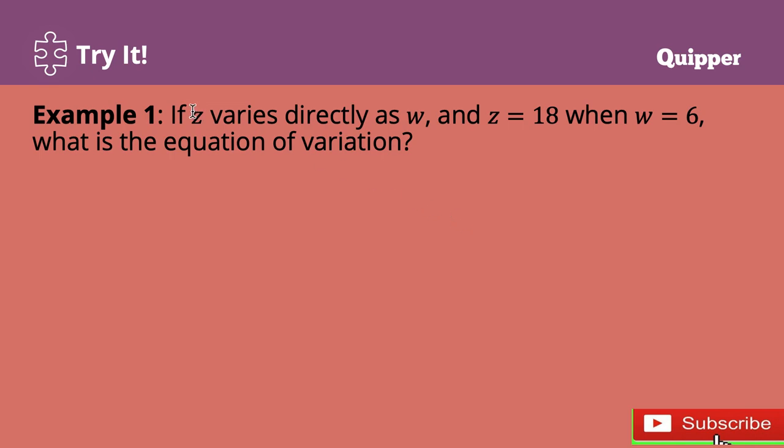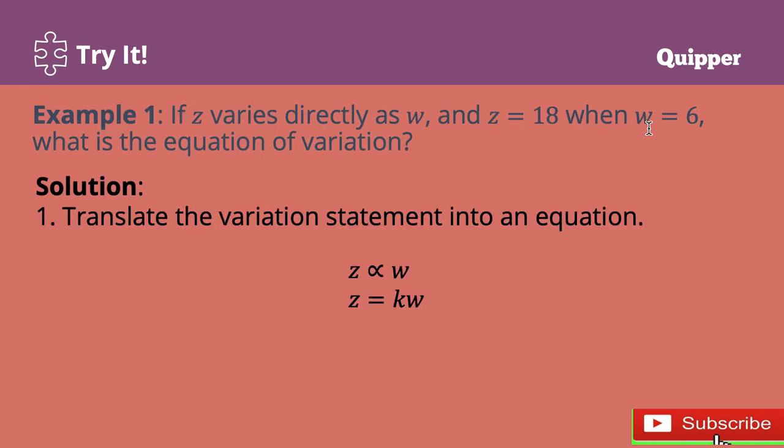Number 1. If z varies directly as w and z is equal to 18 when w is equal to 6, what is the equation of the variation? To solve this, we need to follow these steps. Number one, translate the variation statement into equation. The statement is z varies directly as w. The mathematical translation for that is z is equal to kw, where k is the constant of the variation.